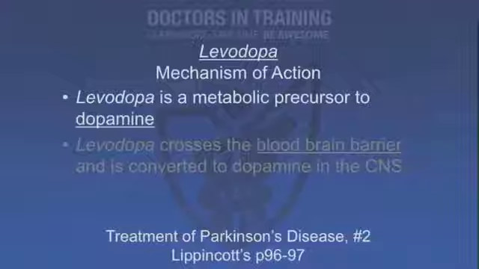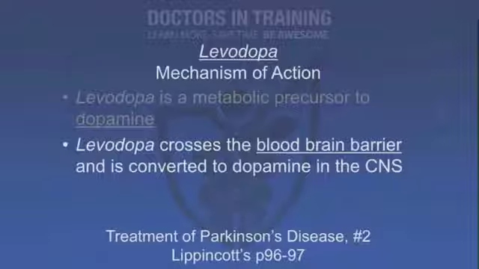Levodopa is a metabolic precursor to dopamine. Dopamine does not cross the blood-brain barrier. You can't give dopamine and expect it to be taken up into the brain and be active in the basal ganglia. But levodopa is actively taken up by the brain. It's taken up across the blood-brain barrier, taken up into the brain so it can be converted into dopamine in the CNS. And you have to use large doses of levodopa because a lot of the drug is metabolized peripherally in the GI tract and in the peripheral tissue, and this causes a lot of side effects.